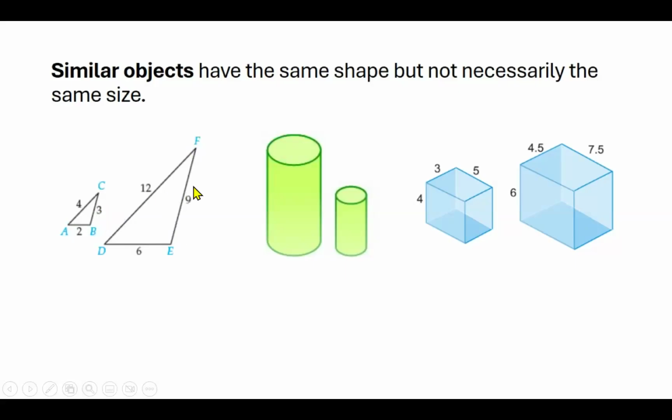The sizes are different, but there's a similarity between them, which is why we call them similar triangles. Another example would be cylinders, like one of the kitchen tissue papers and a roll of toilet paper. Those would be similar.